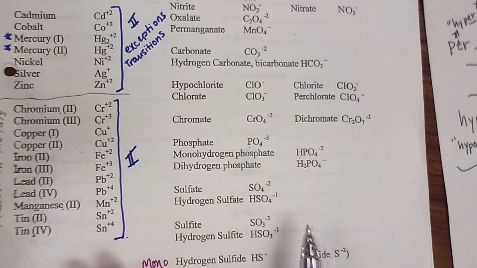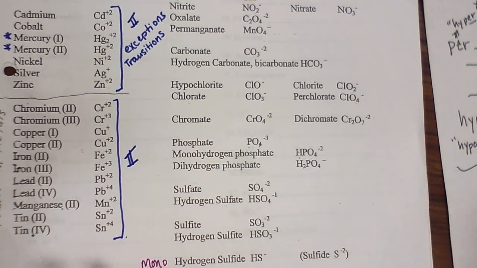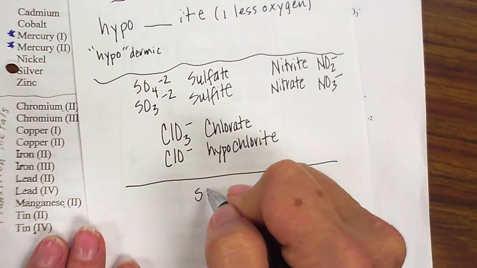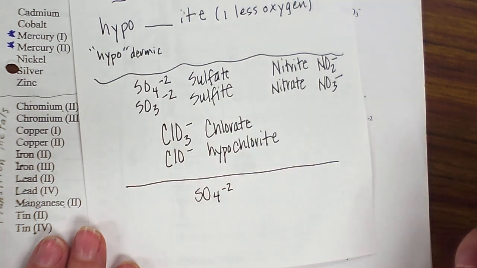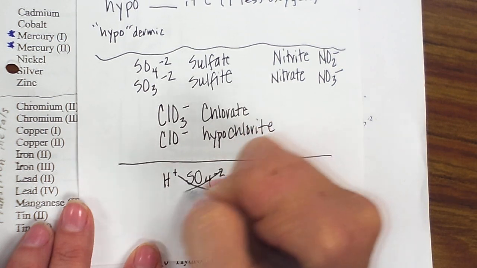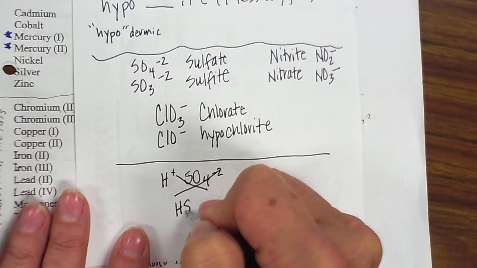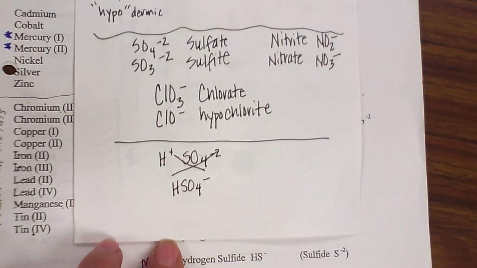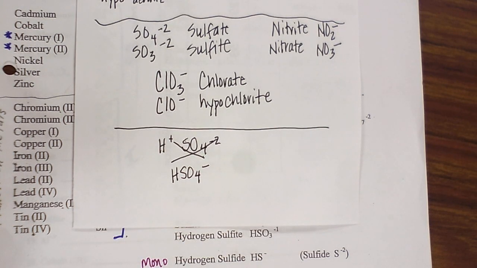The last thing on this sheet is you can take sulfate. I can add 1 hydrogen to it, crisscross, and I get HSO4, and I still have a minus 1 charge. Because when I add the 1 H plus to it, I still get a minus 1 charge left over.